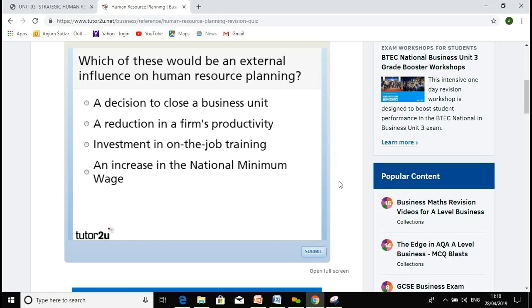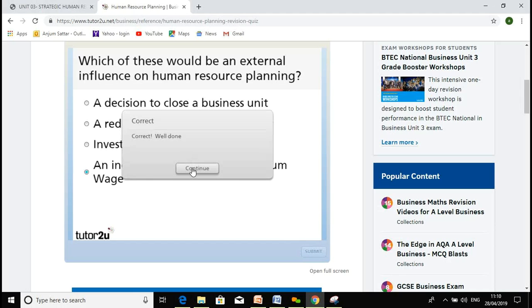Which of these would be an external influence on human resource planning? An increase in the national minimum wage. Well done.